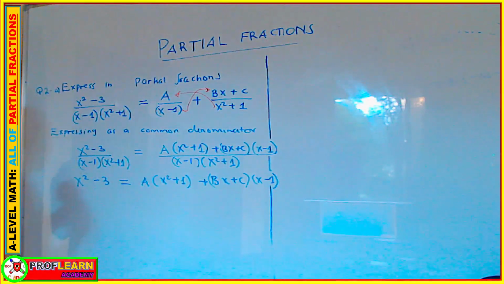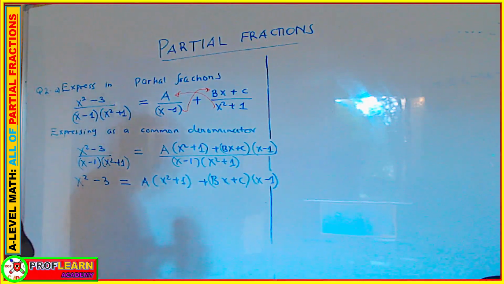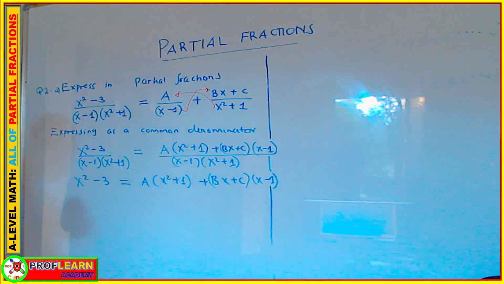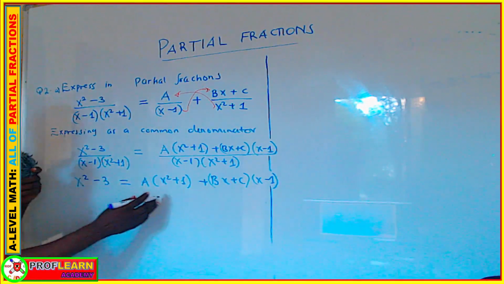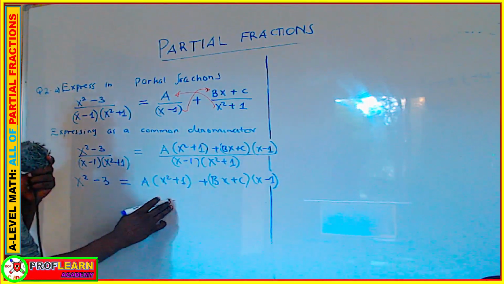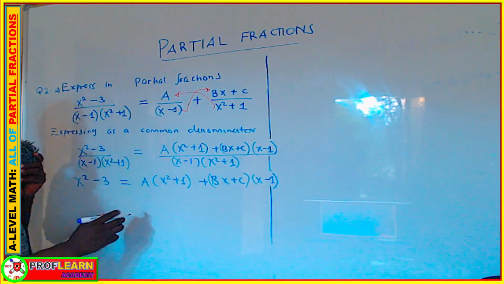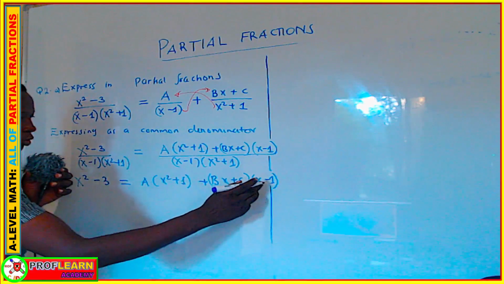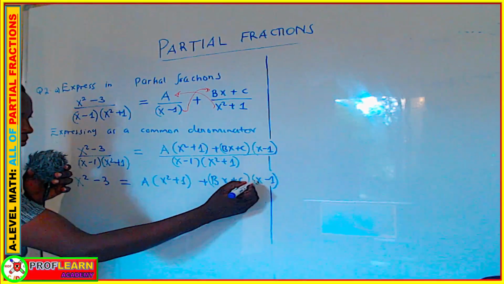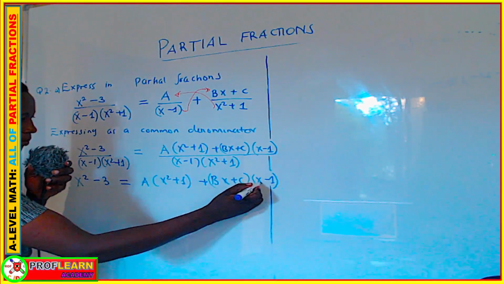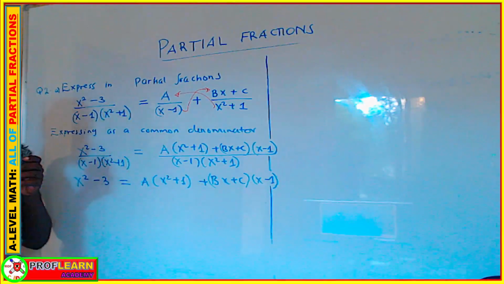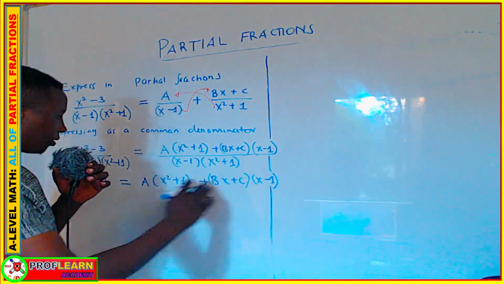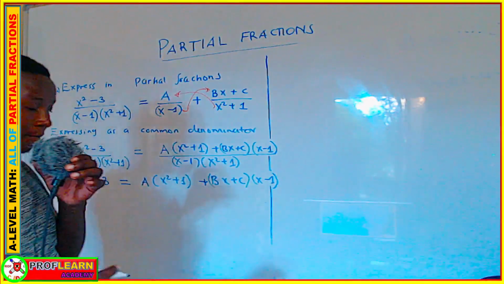Now, in order to find the constants A, B, and C, the first thing we need to do is find the constant A. To find A, we can let x equal 1, so that the whole of this term becomes 0, and we remain with one unknown.